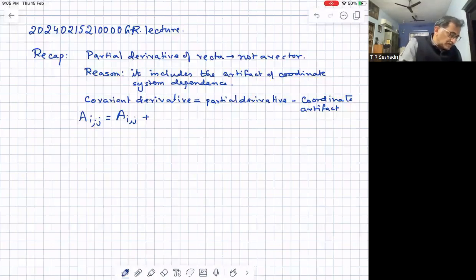Okay. So I have A_ij, this thing, plus the gammas, the Christoffel symbols. So the way you do it is the following. For the covariant derivative of a covariant vector, it is a minus sign.